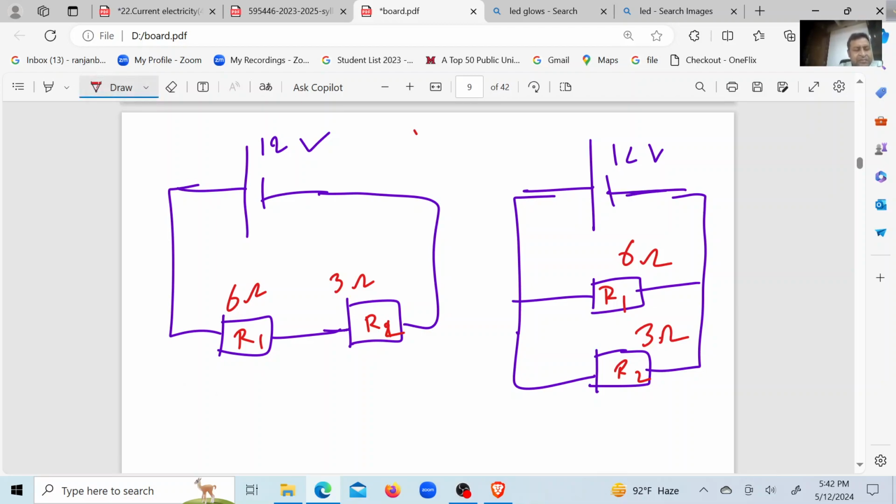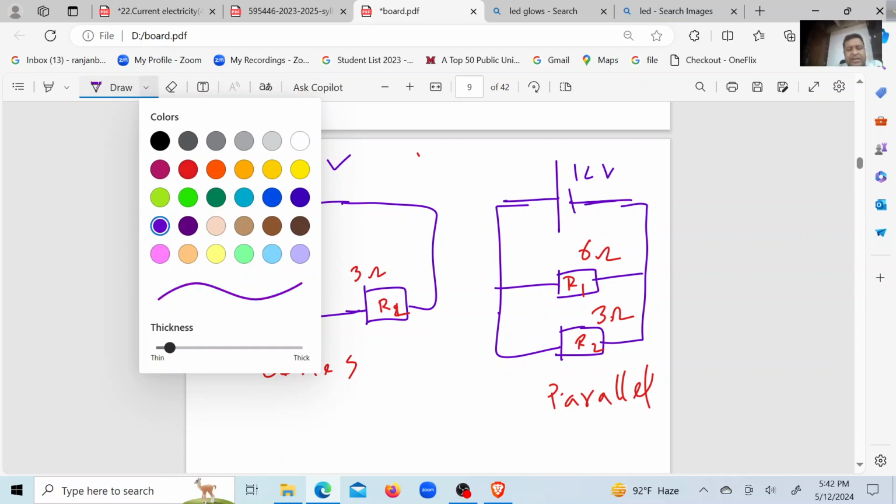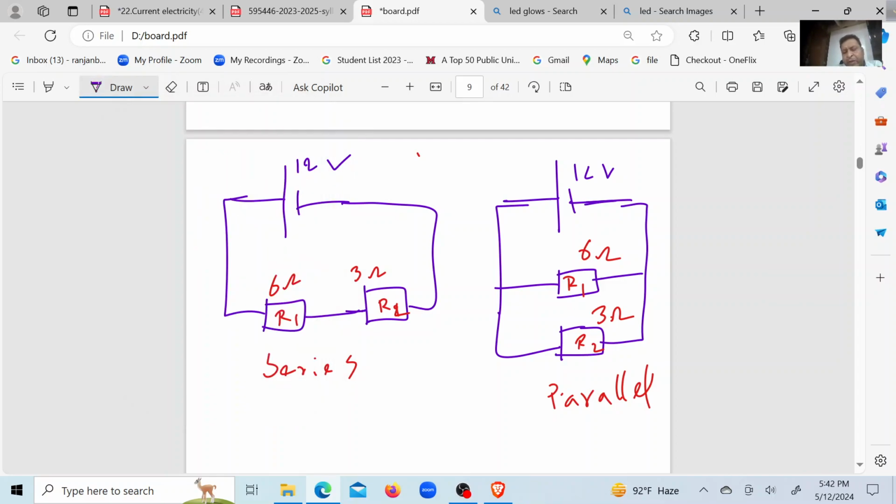This first one is a series circuit. Memorize, in a series circuit current is the same everywhere. But in a parallel connection, voltage remains the same. Total voltage and individual voltage will be the same for parallel. That means if you connect a voltmeter in this way, the overall voltage will be 12 volt.